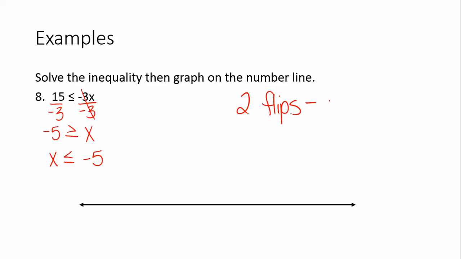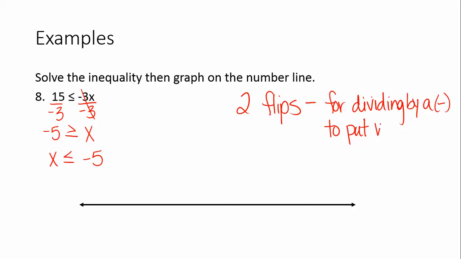We flipped once for dividing by a negative, and we flipped again to put the variable on the left. So make sure that you understand the two different flips when solving the inequality.